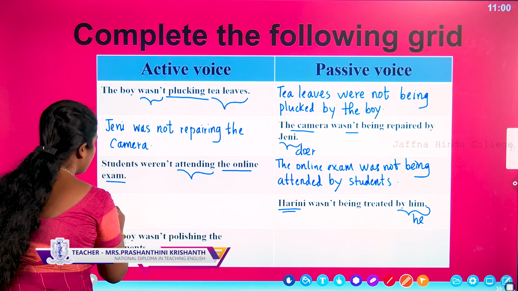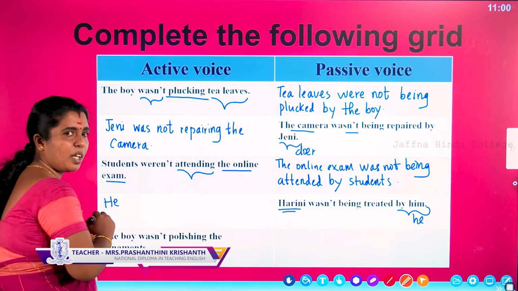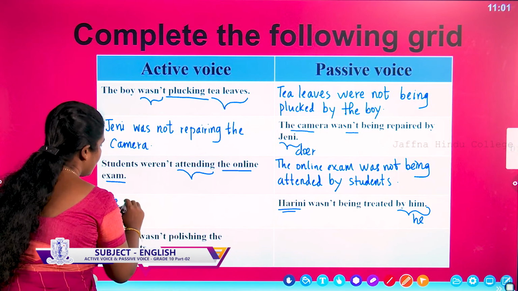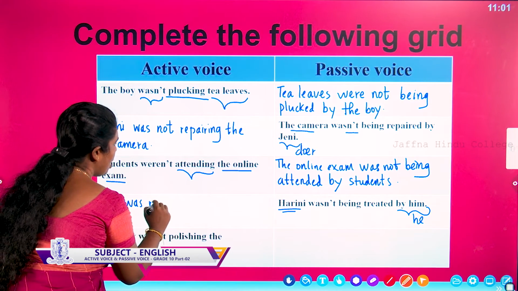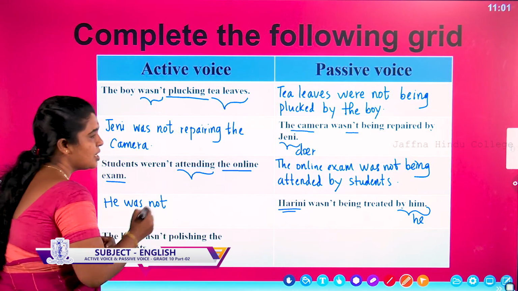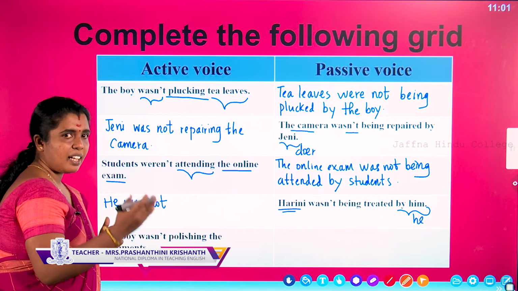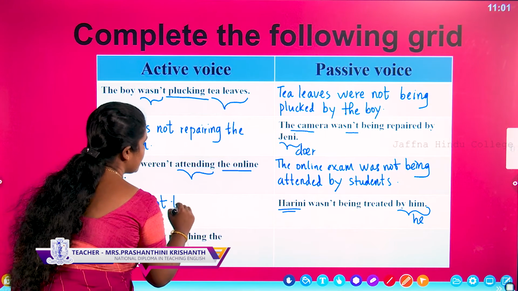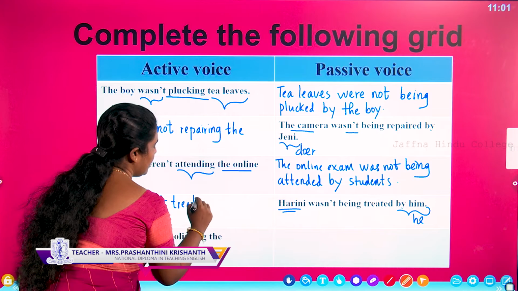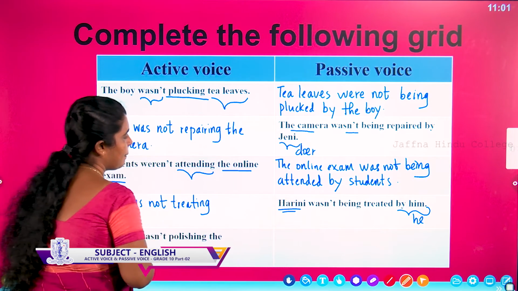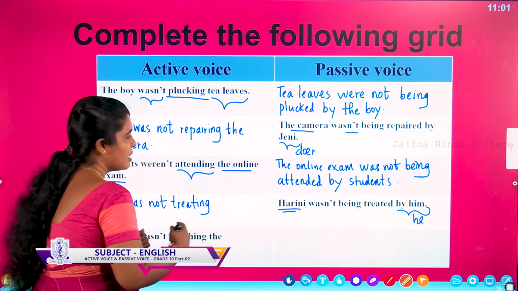So, he, what is the helping verb? Was. He was not treat. So, we must add ing. He wasn't treating. What is the object? Harini.